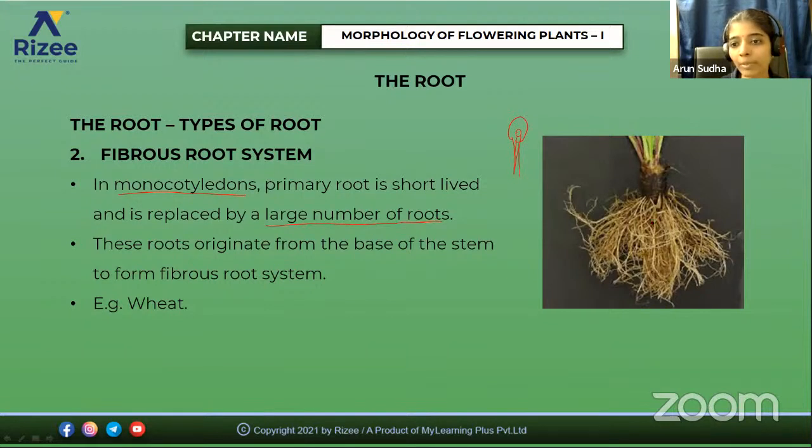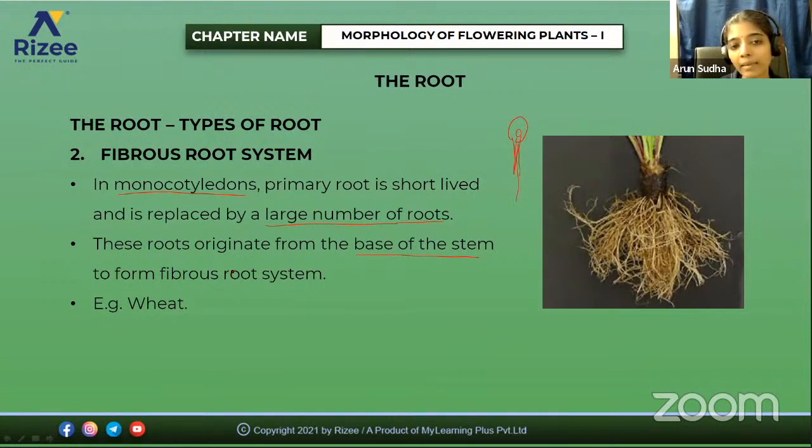So the roots will be like this. There won't be a primary root. We saw in the case of the taproot system, there is a straight, elongated, single thick root. But here the roots will not be like that. Here they are replaced by a large number of roots, and these roots originate from the base of the stem to form a fibrous root system.